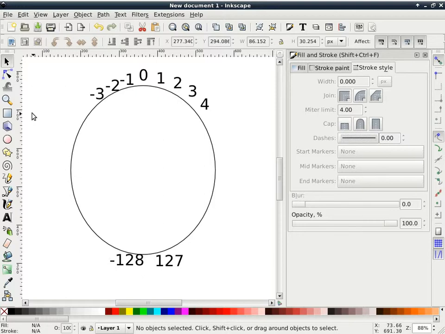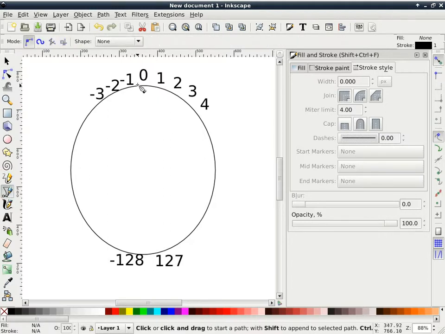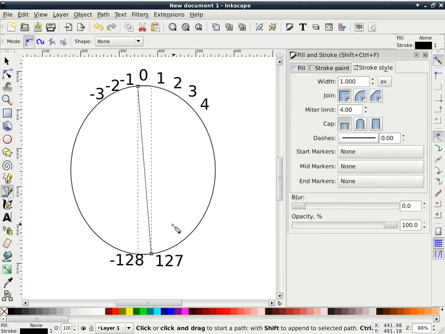The reason why it's positive 127 is because 0 is sort of considered a positive number then? Because 0 is considered a non-negative number. Okay. Yeah. So in other words, if you chop this pie in half, okay, let me use the tool to chop it in half. This half are non-negative, and this half are the negative values.